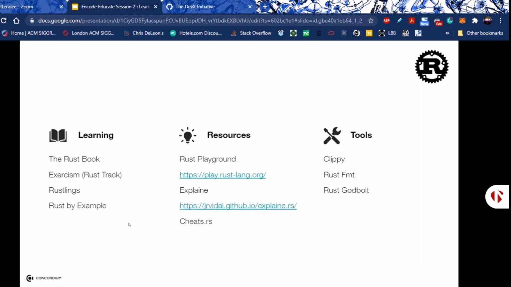For those who want to get into Rust, the first place to start is the Rust book. I can't stress enough how this is probably one of the best pieces of programming documentation that I've ever read. It's clear, it's concise, it's not pretentious, it's not trying to confuse you, because that's a big thing with the whole Rust ethos as well.